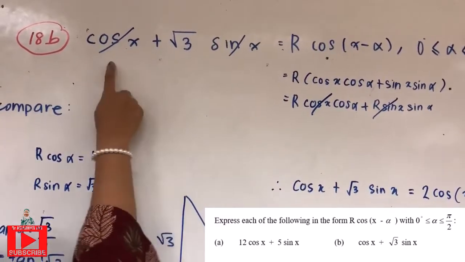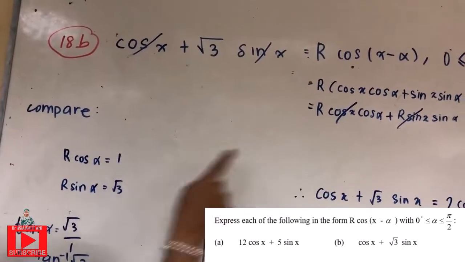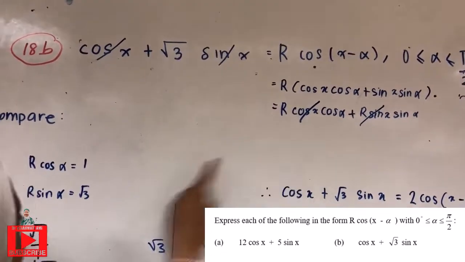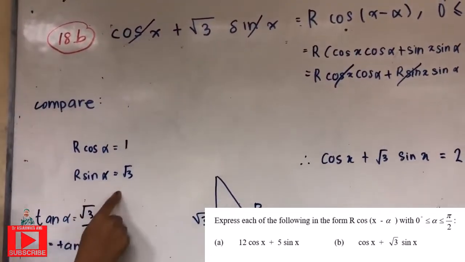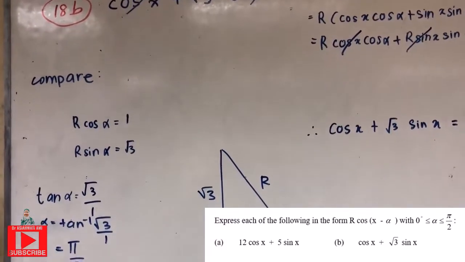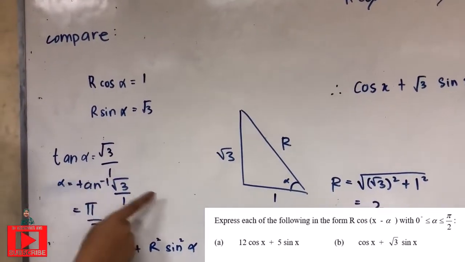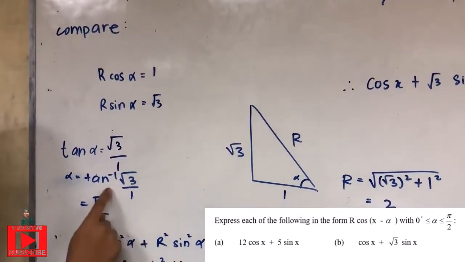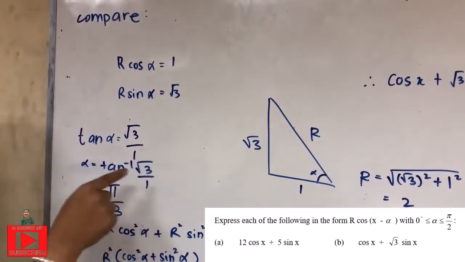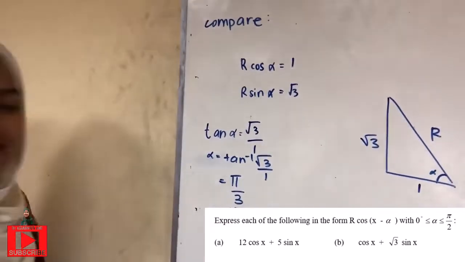So r cos alpha equals 1, and r sin alpha equals root 3. To get tan alpha, we divide sin by cos to get tan, so just substitute root 3 over 1. Then we press shift tan, and we get pi over 3.